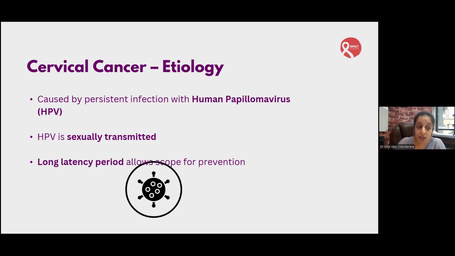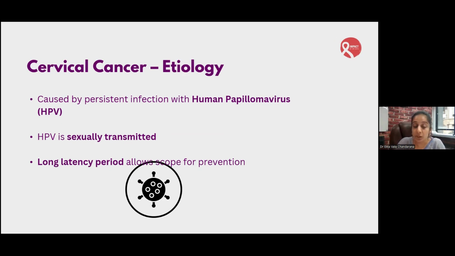So basically, it is caused by human papilloma virus. The persistent viral infection is responsible for the development of cancer. This virus is sexually transmitted, and the long latency period allows scope for prevention.